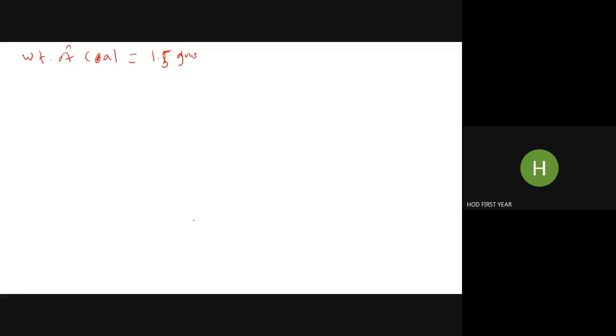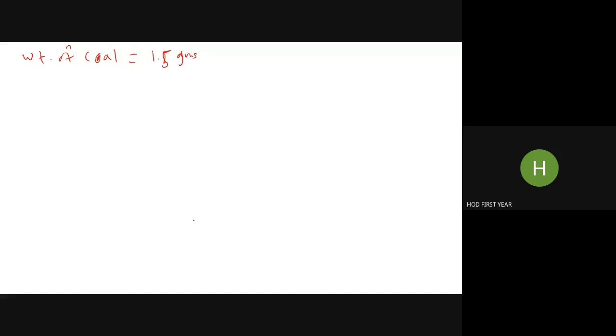The increase in weight of calcium chloride tube and KOH bulb was found to be 1.25 gram and 4.88 gram respectively. Calculate the percentage of carbon and hydrogen.